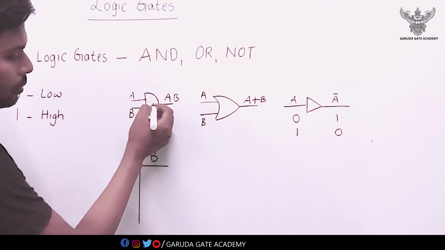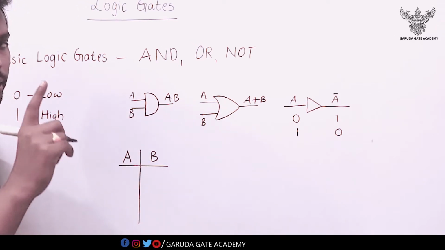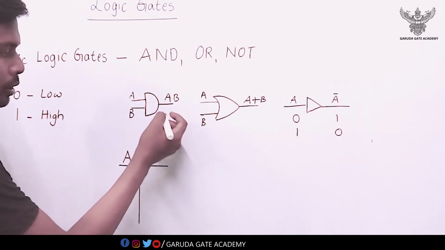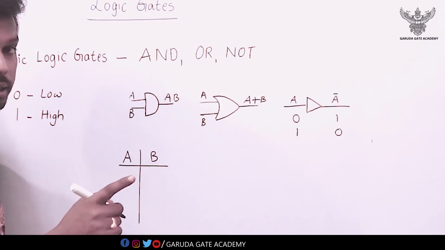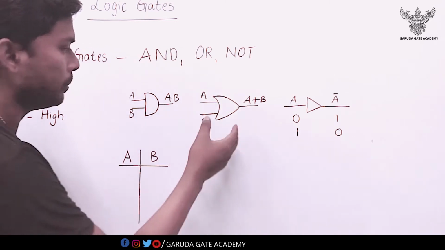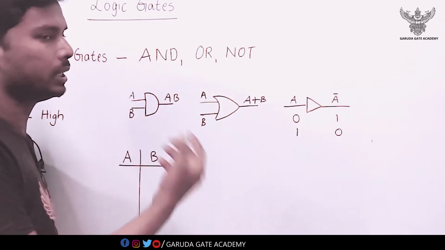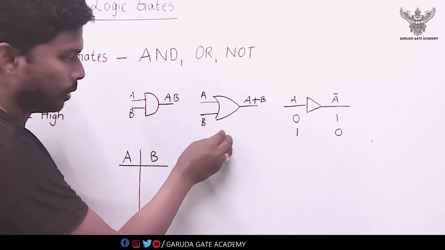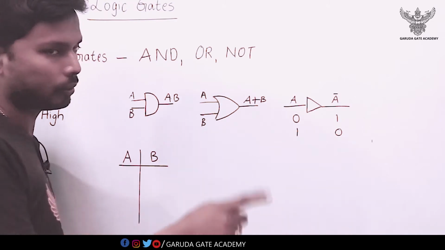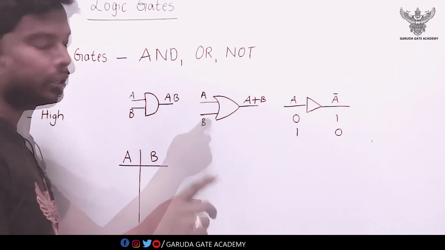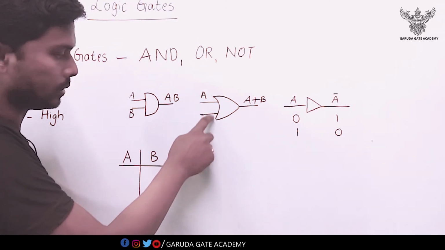But the output will be only one signal, either 0 or 1, but not both at the same time. The same applies to this OR gate as well. We can have 2 input or 3 input or n input OR gate, but the output will be only one signal. It can be 0 or 1, depending upon the values of these signals.